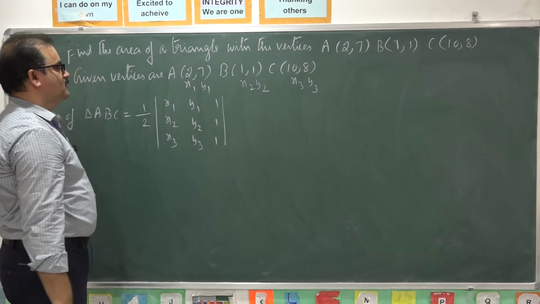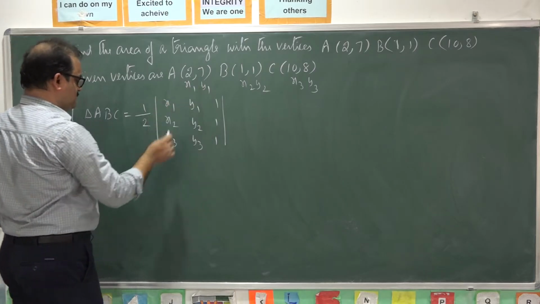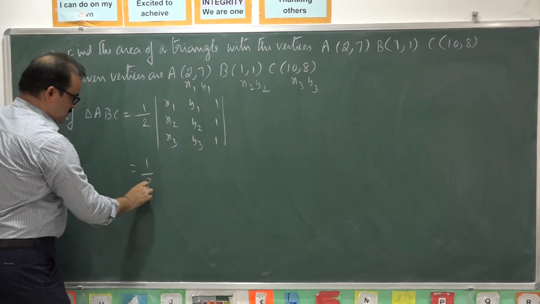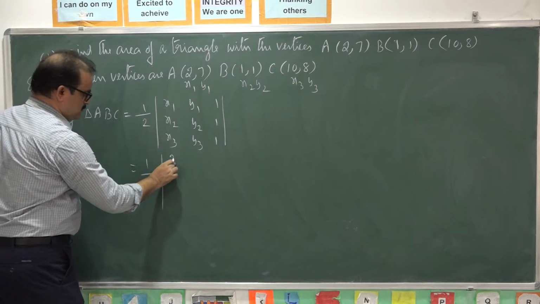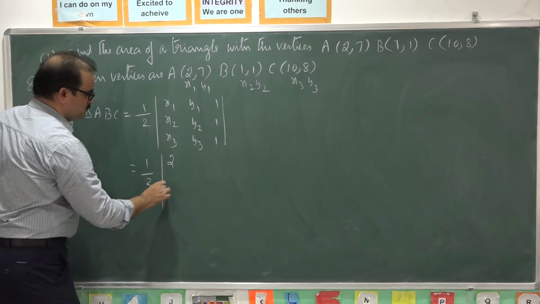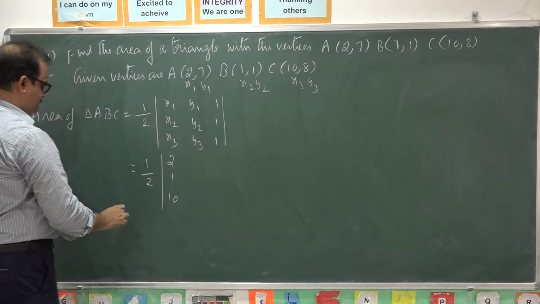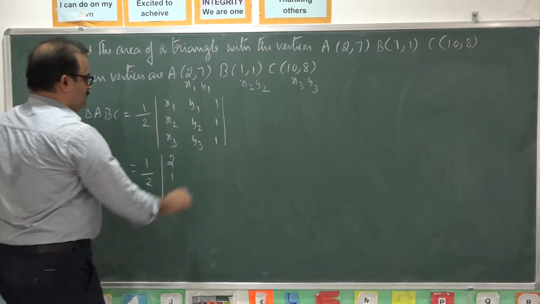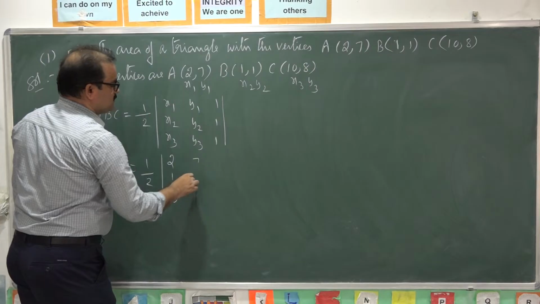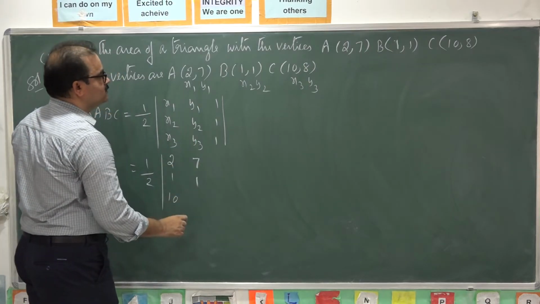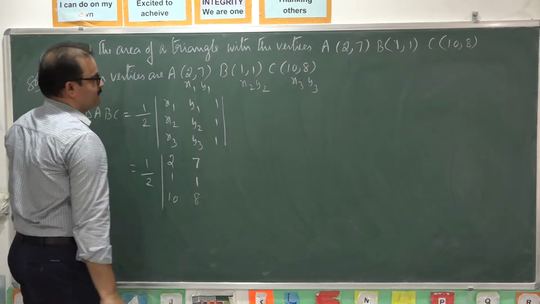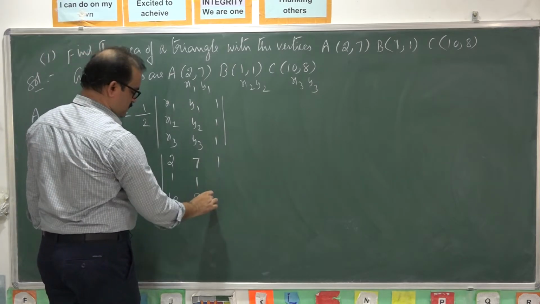Now substitute these values in this determinant. 1/2 into the first column 2, 1, 10, second column 7, 1, 8, third column 1, 1, 1.